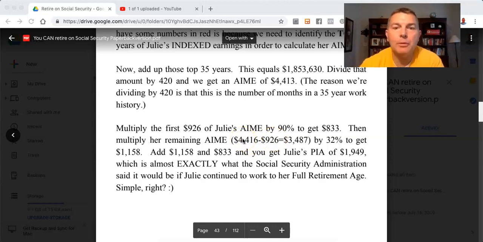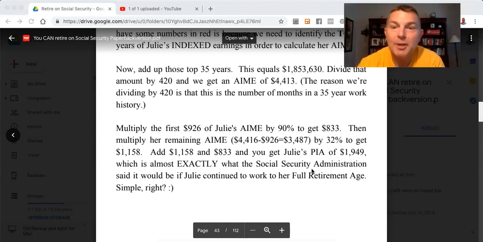I fixed my typos. 4413 minus 926 gives us 3487, the second bend point of our average indexed monthly earnings, which we multiply by 32% to get 1158. We add 1,158 plus 833, and we get Julie's PIA of 1949, which is almost exactly what the Social Security Administration said it would be if Julie continued to work until her full retirement age.